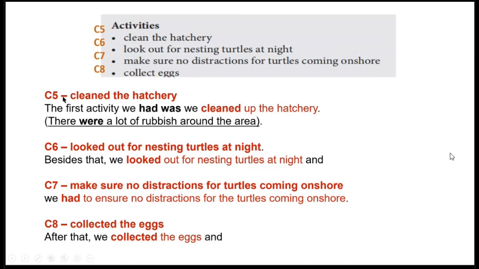All right? So if you look at content point number 5 here, this is where the elaboration comes in very well. The first activity we had was clean the hatchery. The point given is only clean the hatchery, but you elaborate. Okay, we cleaned up the hatchery. There was a lot of rubbish around the area, so you know that it's elaborated. Give the details. That's very important.